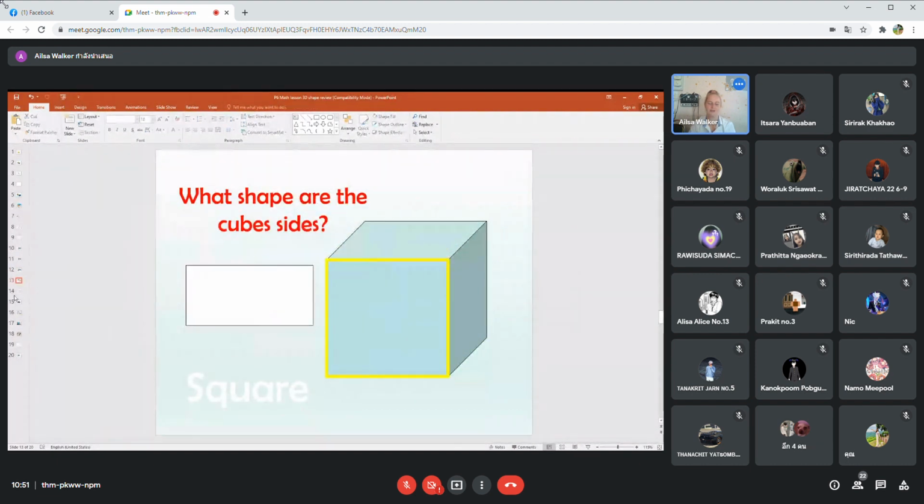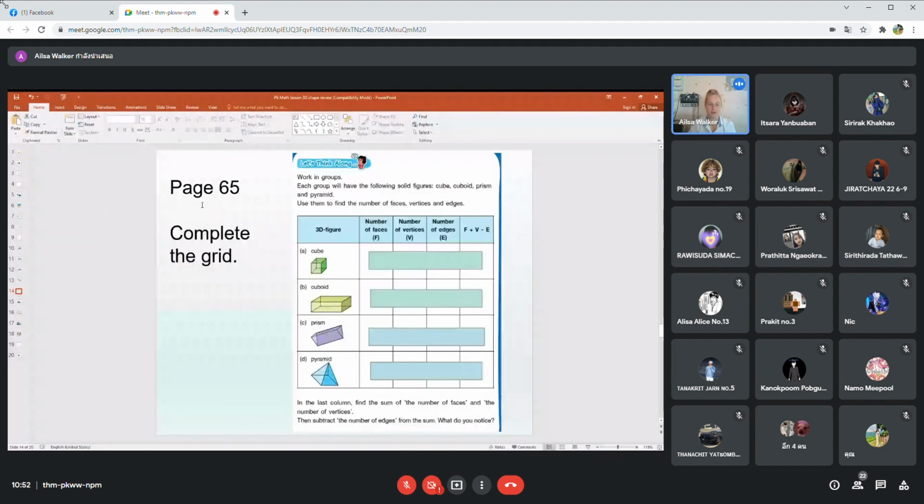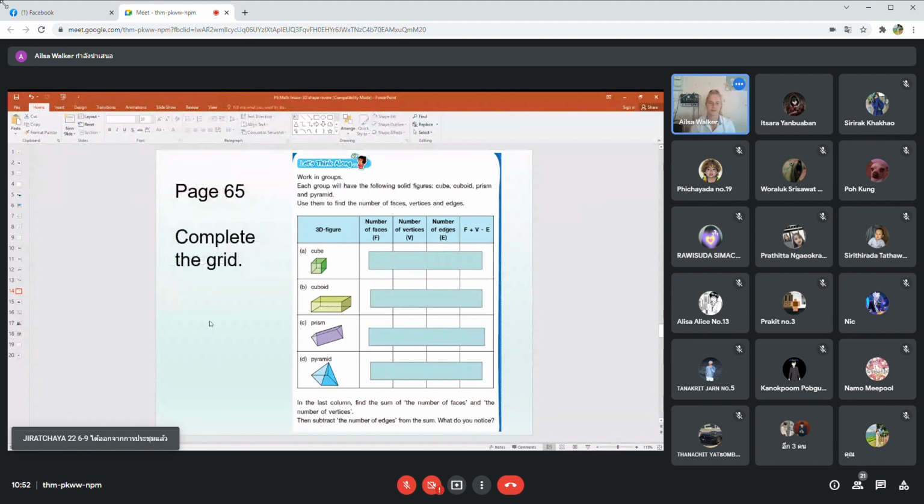All square faces. Okay, so today we are going to try page 65. Can you find page 65 in your book, please? You should see a grid that looks like this.